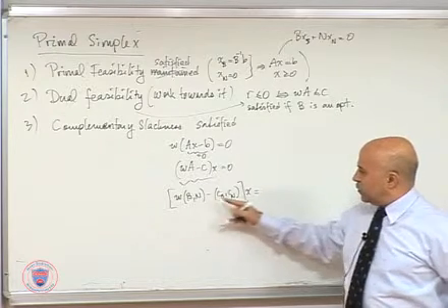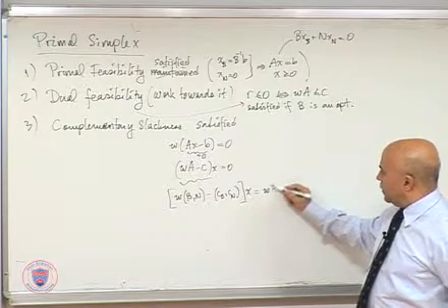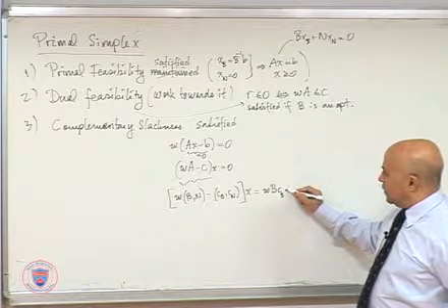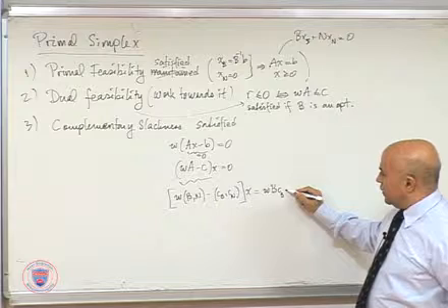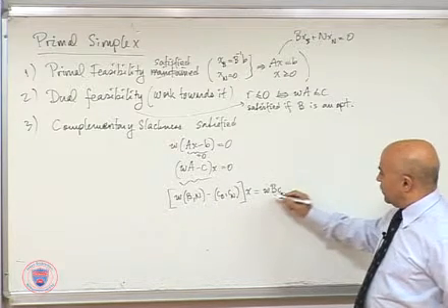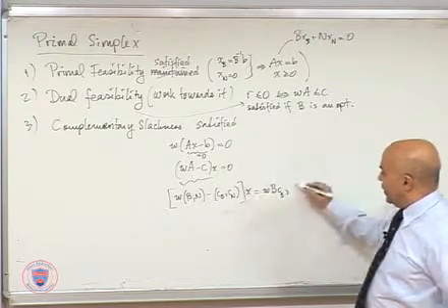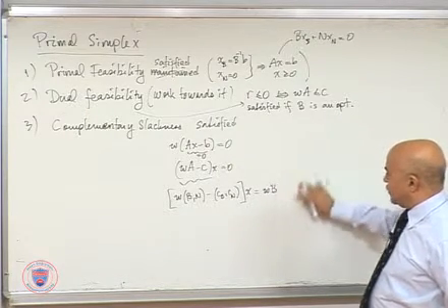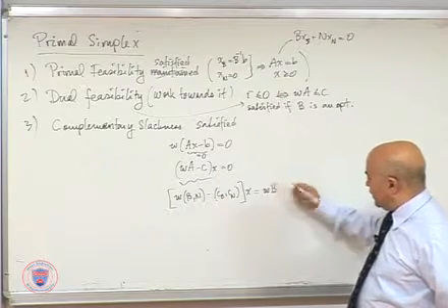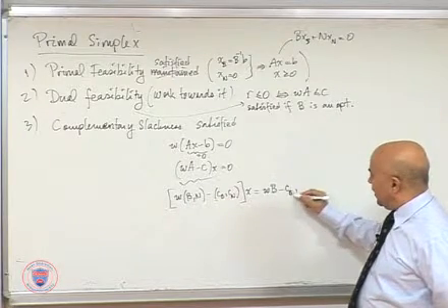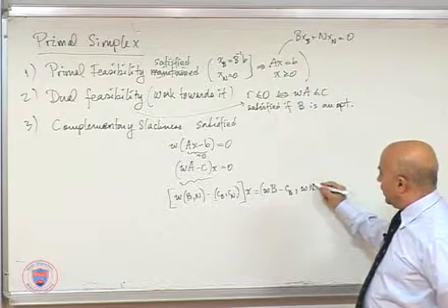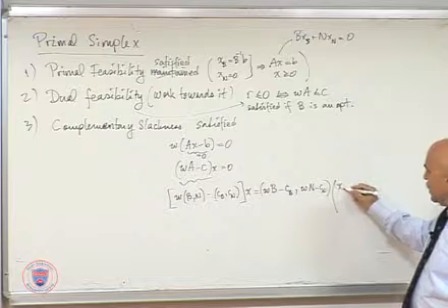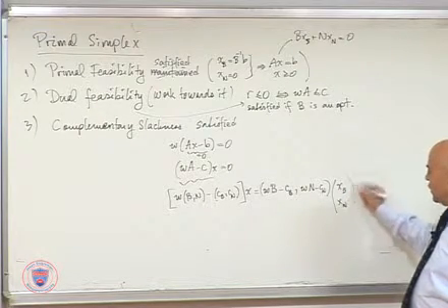We get (WB minus CB), let's just write it down, and then (WN minus CN). That's what we get, times x, and x is xB, xN.